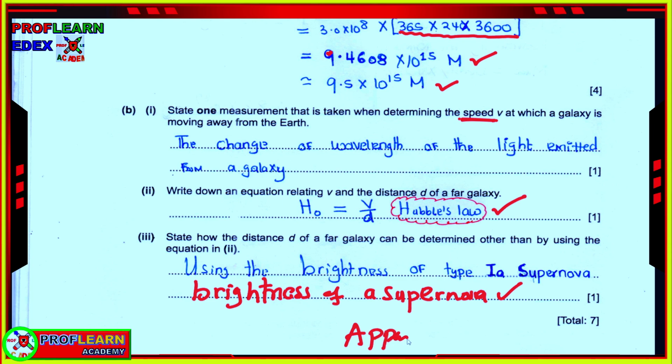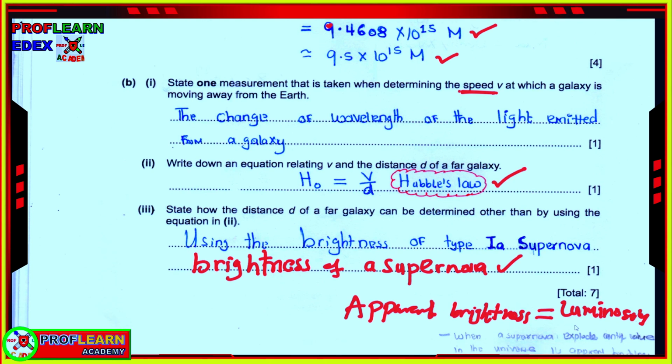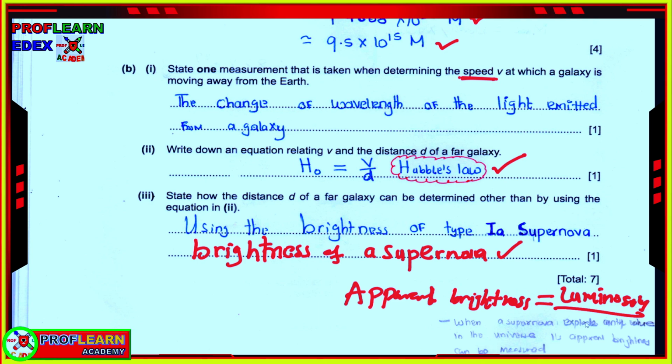So apparent brightness is equal to luminosity over d squared, where d is the distance of the galaxy from Earth.